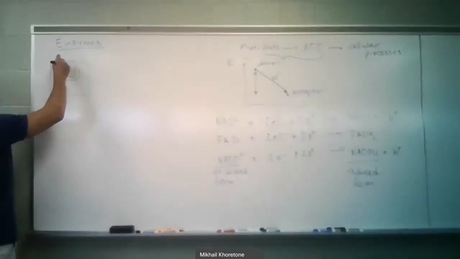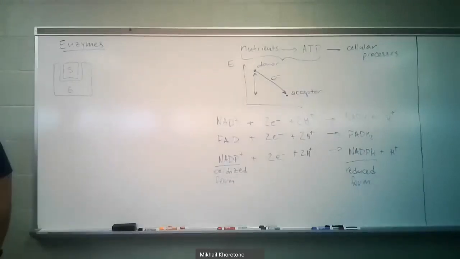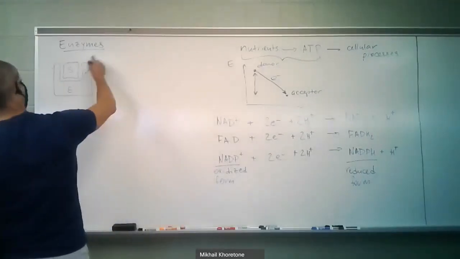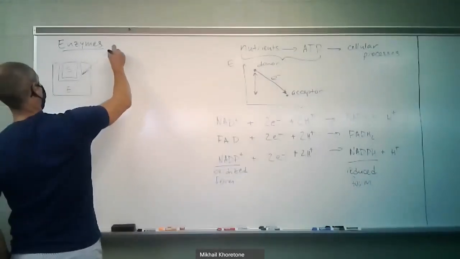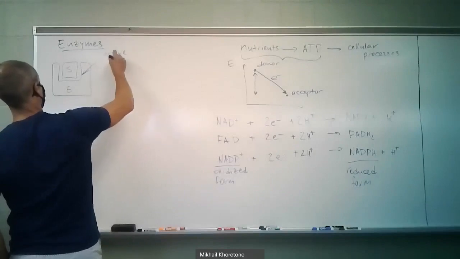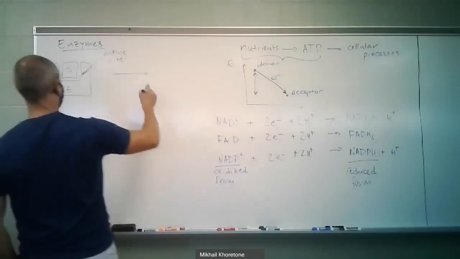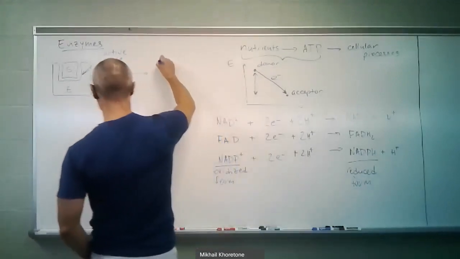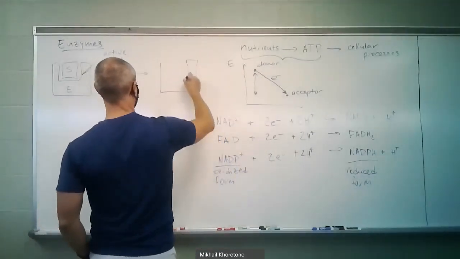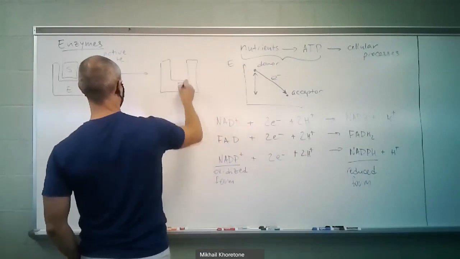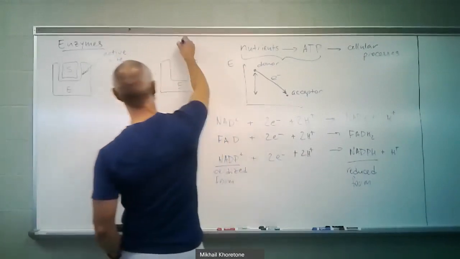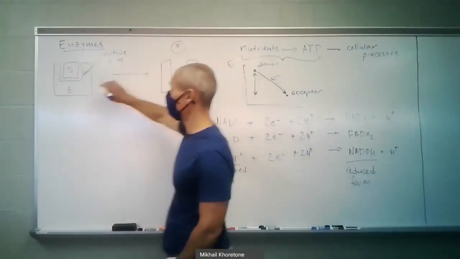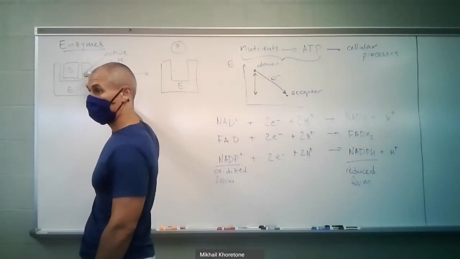This is a substrate of an enzyme. Substrate binds into the active site of an enzyme. Enzyme does its enzymatic magic. And what you end up with is the enzyme and the product.